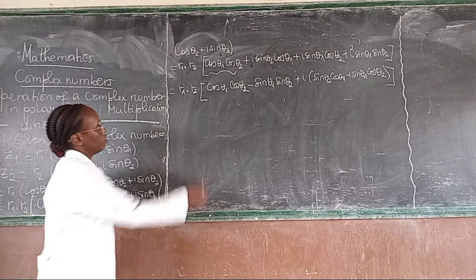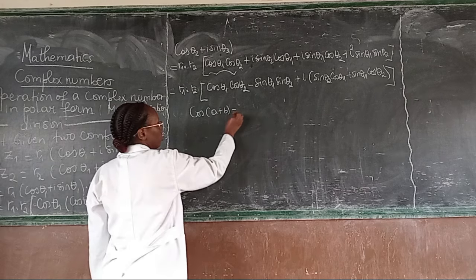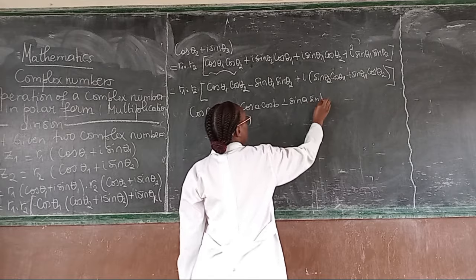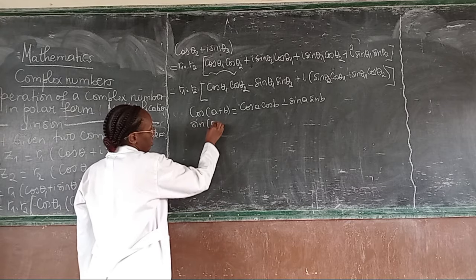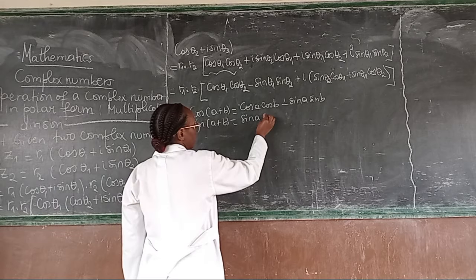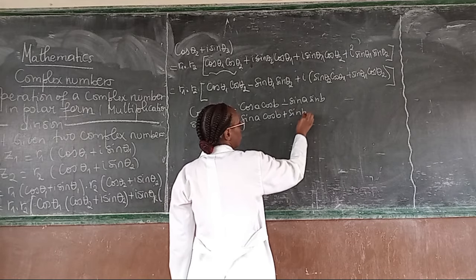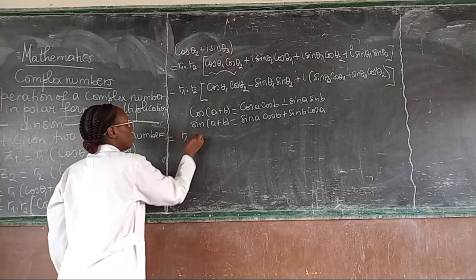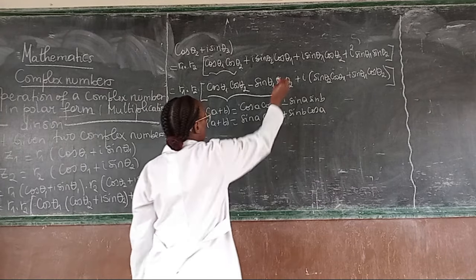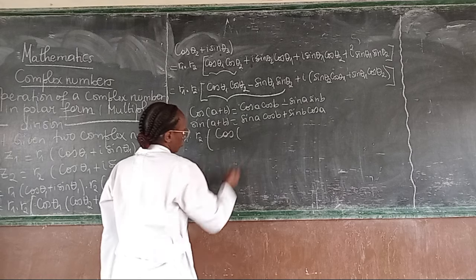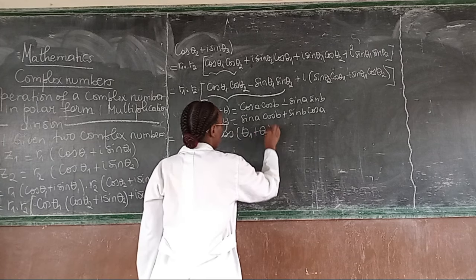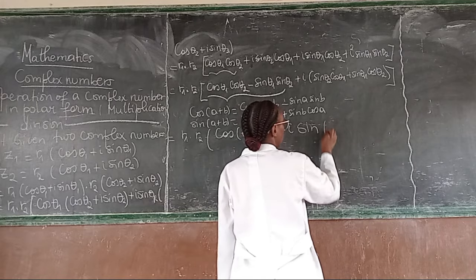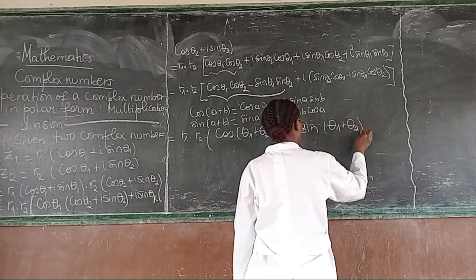So we know that cosine (A plus B) is equal to cosine A cosine B minus sine A sine B, while sine (A plus B) is equal to sine A cosine B plus sine B cosine A. So using those two identities from above, we have modulus 1 times modulus 2, this one from here will become cosine of (theta 1 plus theta 2) plus i sine of (theta 1 plus theta 2).